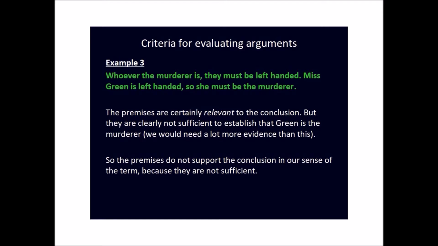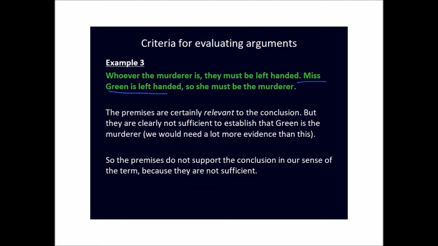Just continuing with this example for a moment, you could certainly say that, given that the murderer must be left-handed, this fact about Miss Green, that she's left-handed, is relevant evidence. It's consistent, at least, with her being the murderer. It's sort of relevant, but it is not by itself sufficient to establish the conclusion, right? You'd need a lot more evidence than just that the murderer's left-handed.